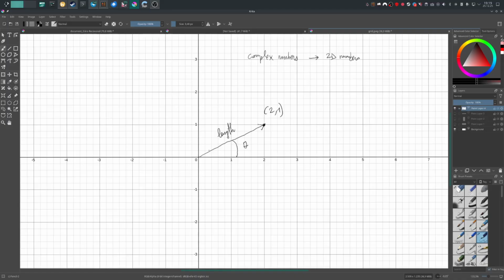So then if I describe just that arrow that goes from 0 to my point, I just need an angle and the length. And that gives you also an alternative but equivalent way to describe where to find my point.